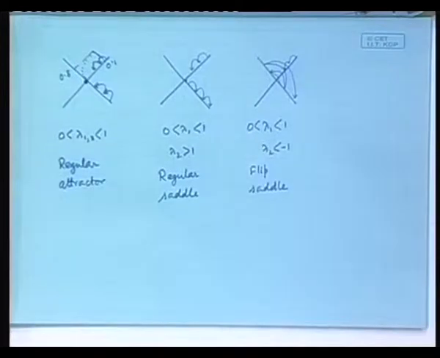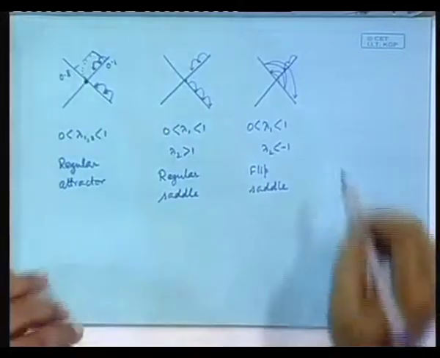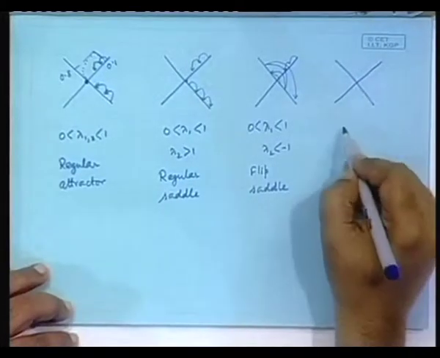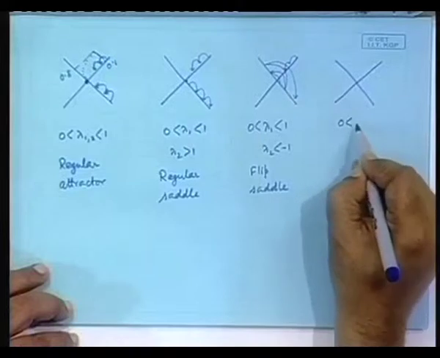Now, apart from that, can you figure out what other possibilities are there? There can be flip attractor, of course. Flip attractor would be where the eigen directions are 0 less than, in magnitude, less than 1.